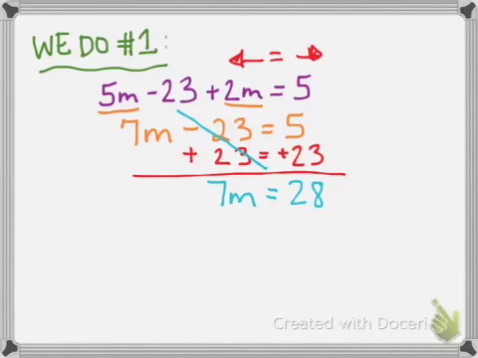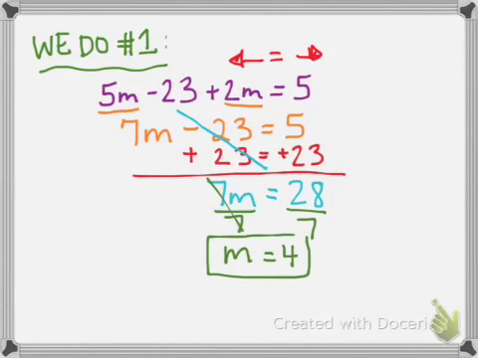So my third step is either to multiply or divide by the coefficient. My coefficient here is 7, and it's saying 7 times m equals 28. I know that the opposite of multiplying is dividing, so I'll divide both sides by my coefficient, and these will cancel out to just give me 1, so I'm left with m equals 28 divided by 7, which I know is 4.